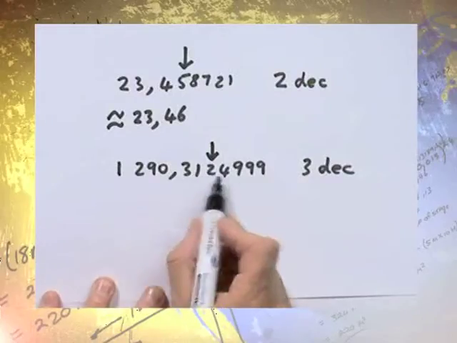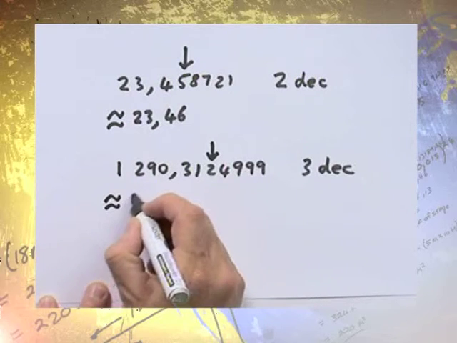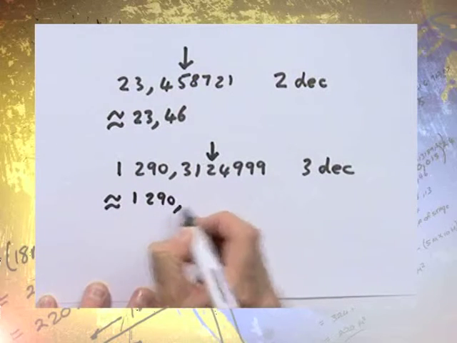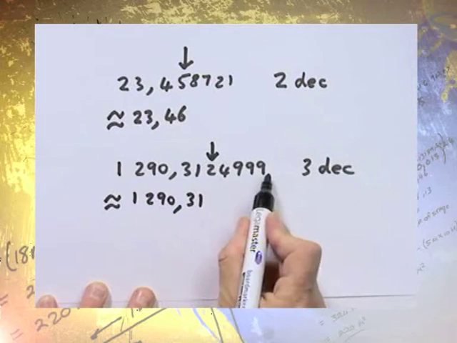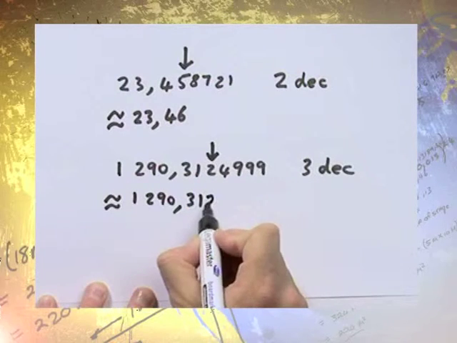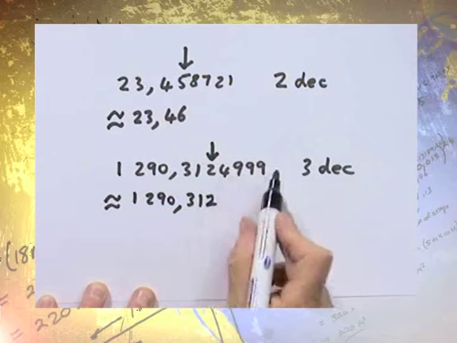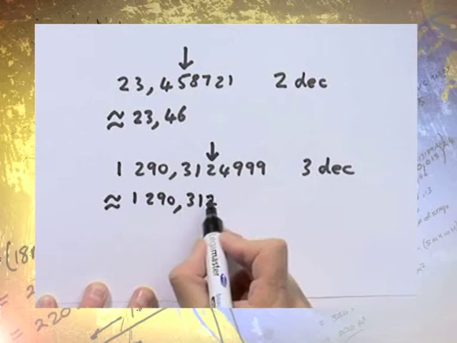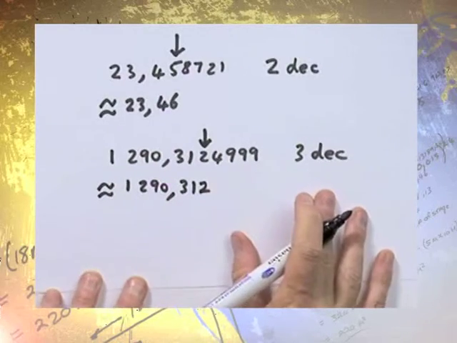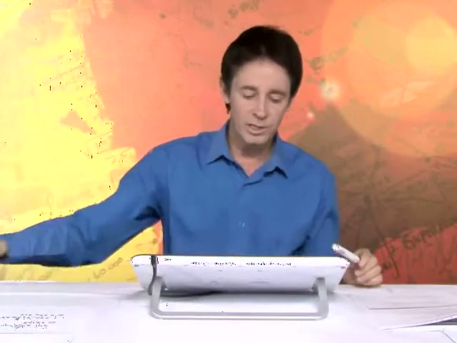If you have any of those, then the numbers on the left stay the same. So we're not going to affect it. This comes to approximately 1,290,312. The 4999 falls away. The 4 didn't affect the 2. It stays, and we've rounded off to 3 decimal places. Very, very important.